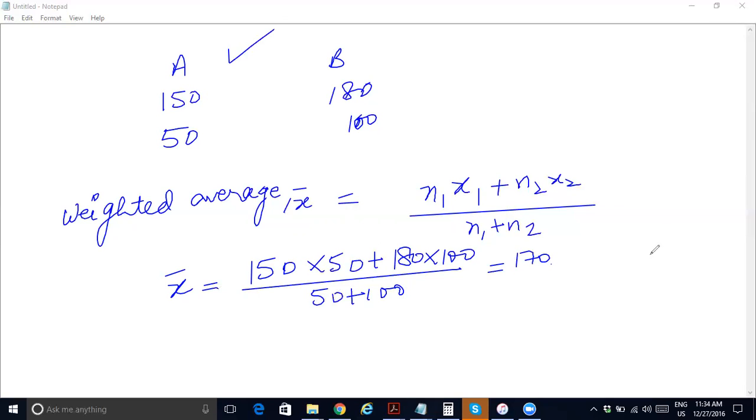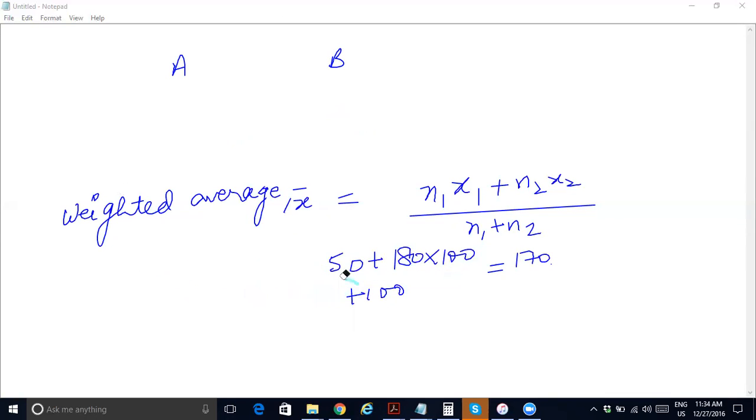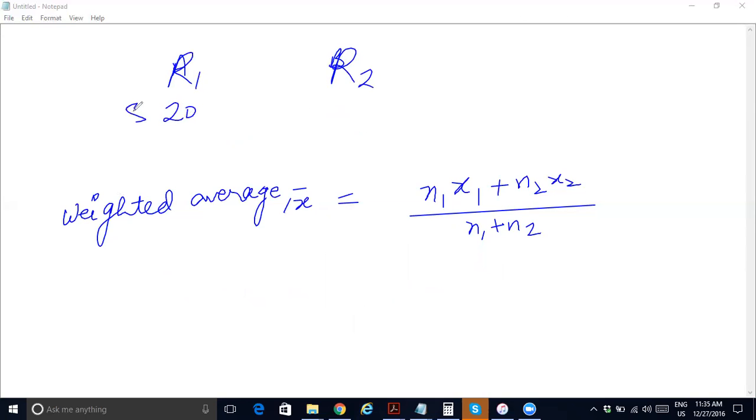Now, if we go back to the previous question, using the same formula, we just change A into R1 and B into R2. We are given this $20 per kg and this is $30 per kg.